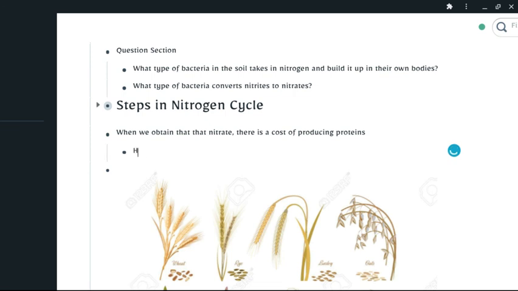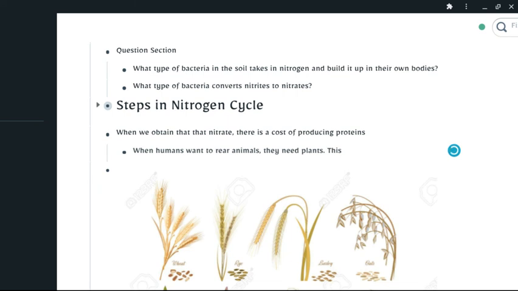When humans want to rear animals, they need plants. Okay? This is because, like you said, they did food chain.